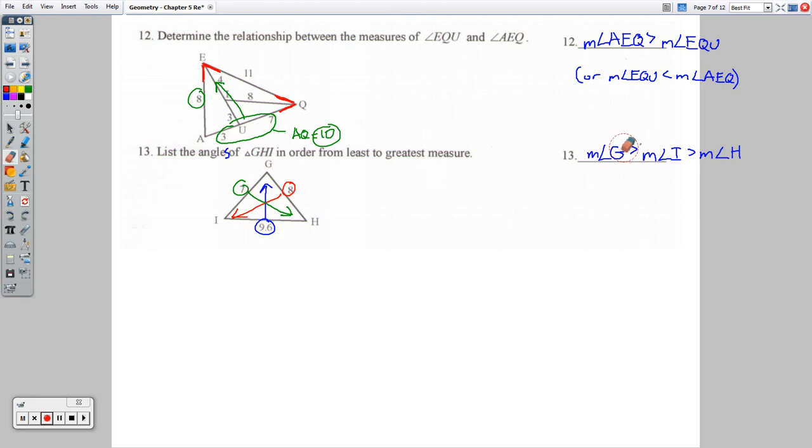I would want to switch those around. So let's put them in the correct order. We would have H first is less than, and then you'd have I next, and then finally you'd have G after that. So H to I to G going in least to greatest order right there.